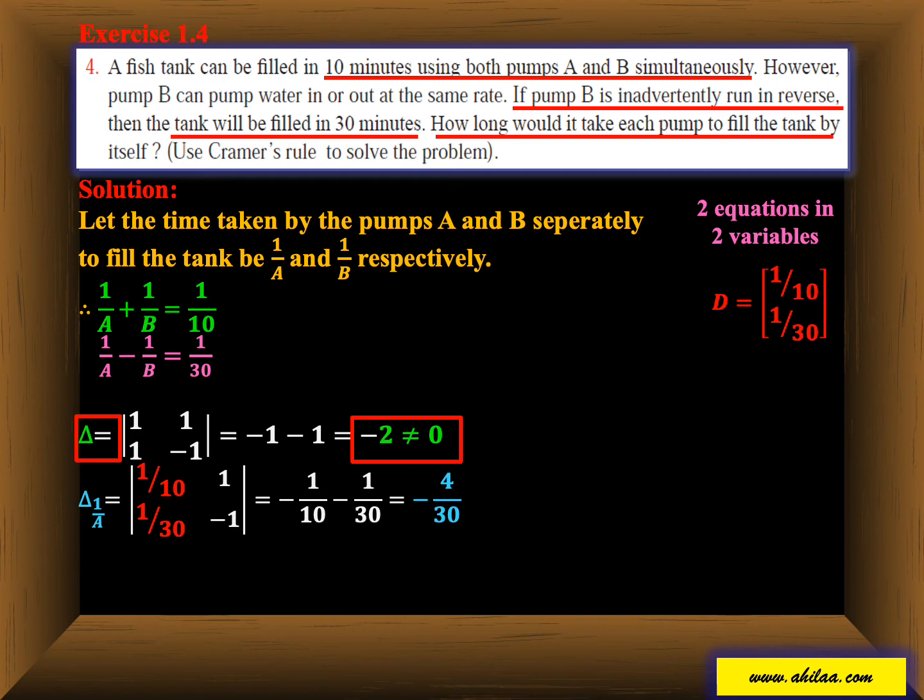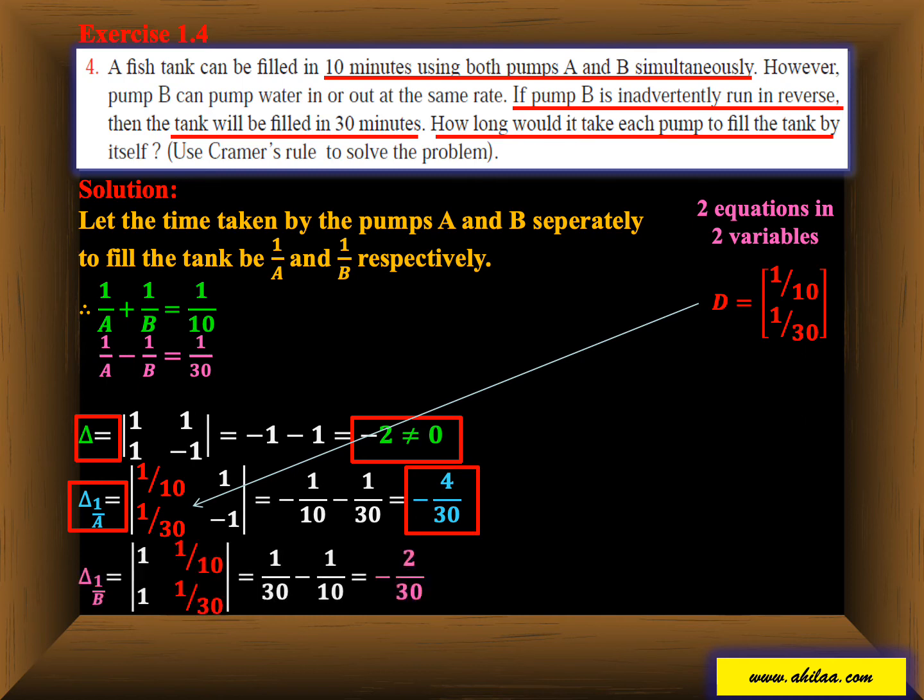I consider delta 1 by A, so I replace the first column by D, getting minus 4 by 30. Delta 1 by A equal to minus 4 by 30. Next, delta 1 by B, replacing the second column by D, we get minus 2 by 30.